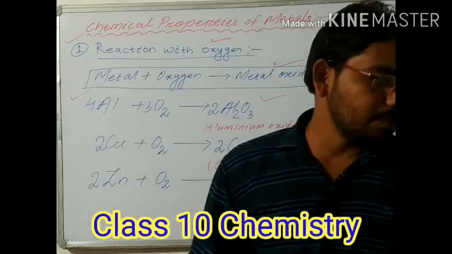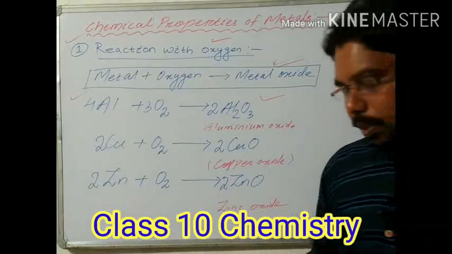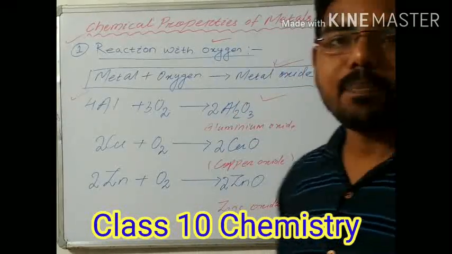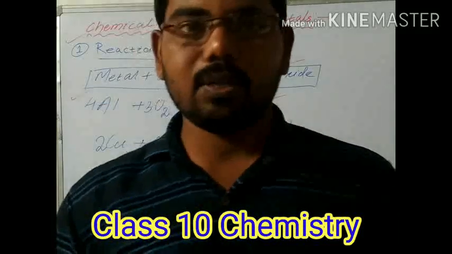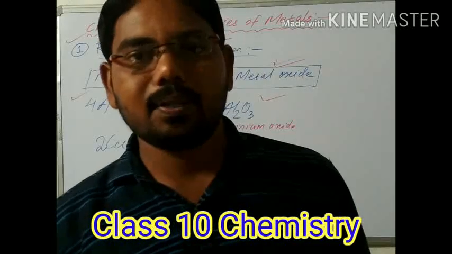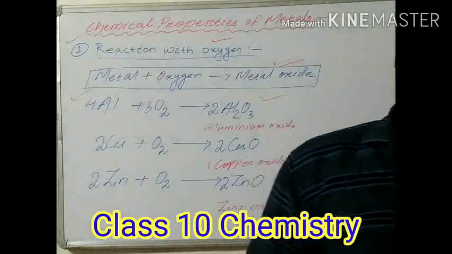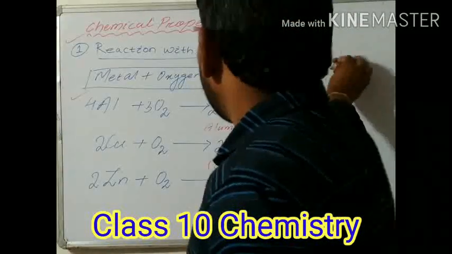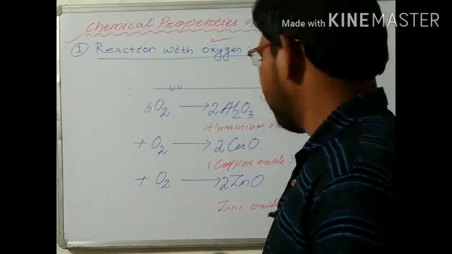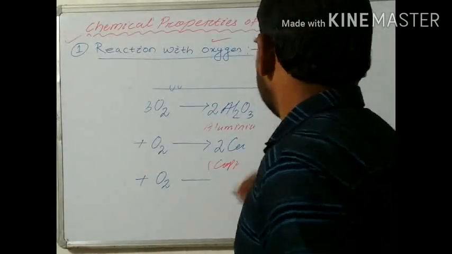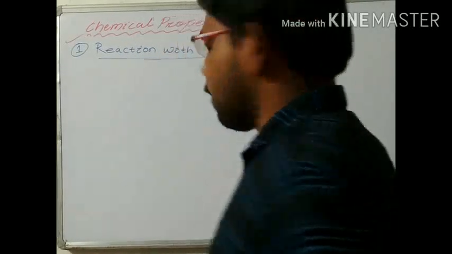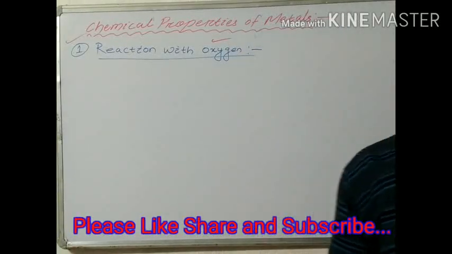Here, some metal oxides react with acids as well as bases to form salt and water. These metal oxides are called amphoteric oxides. What are amphoteric oxides? This is a most important topic, and the question also comes. Metal oxides like aluminium oxide and zinc oxide react with acids as well as bases and form salt and water.